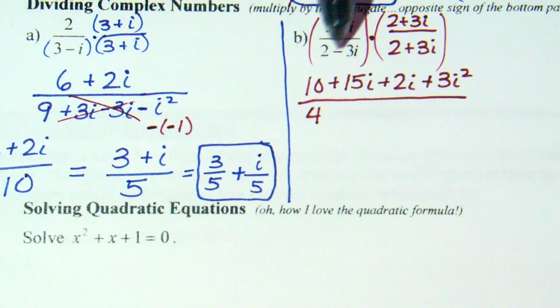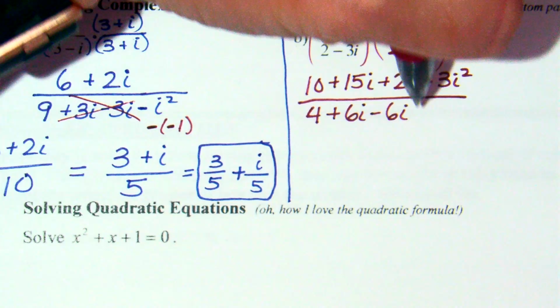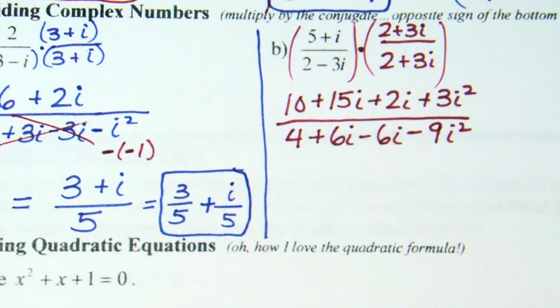Okay. We got more efficient at this. Can we do more cleanup at once? Let's talk about the numerator. What can happen in the numerator? Okay, so in the numerator, 15i and 2i is going to be 17i.